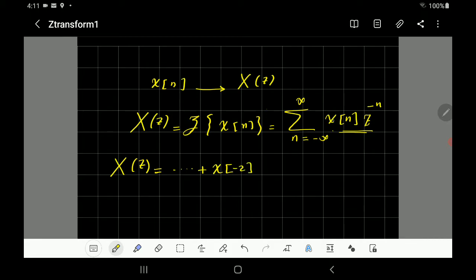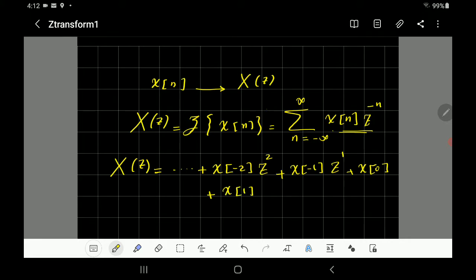When you have X of minus 2, you substitute here n minus 2, negative and negative will be positive, so it will be Z squared. X of minus 1, Z power 1, plus X of 0, Z power 0, which is equal to 1, plus X of 1.